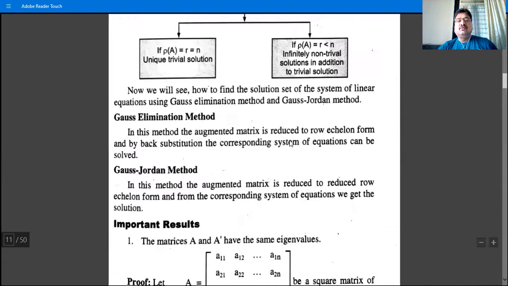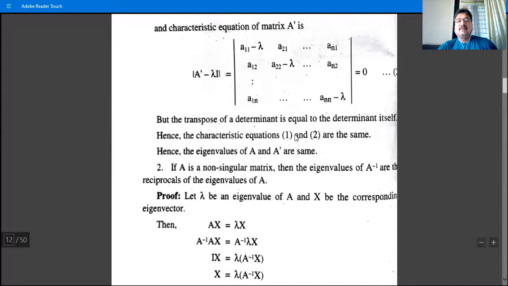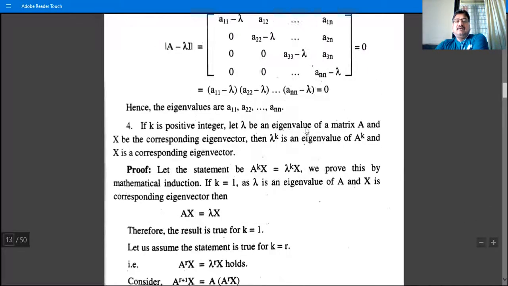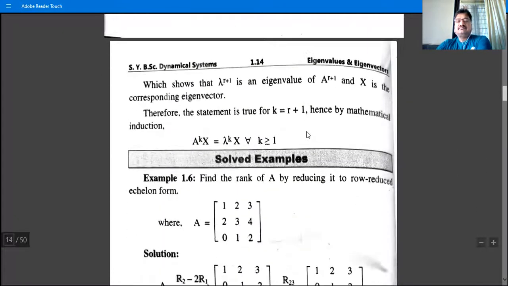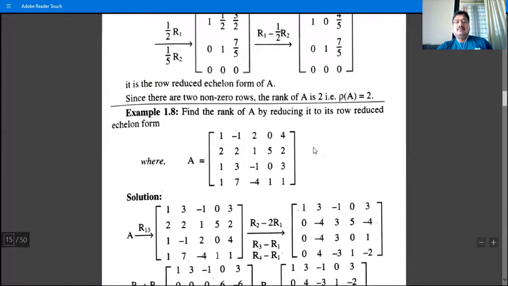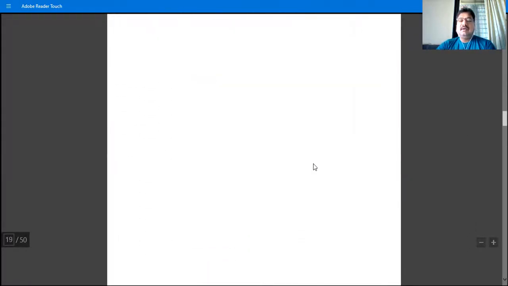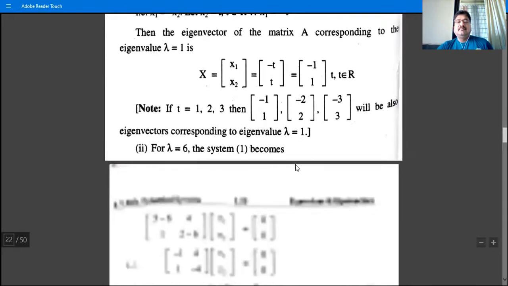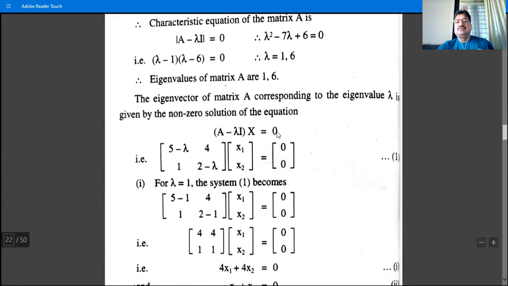In order to find the eigenvector, we have to solve the equation A minus lambda I times x is equal to 0.